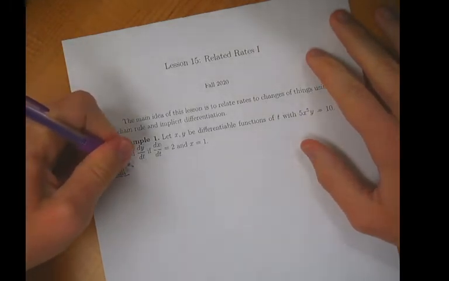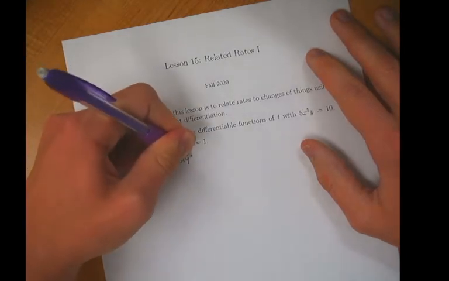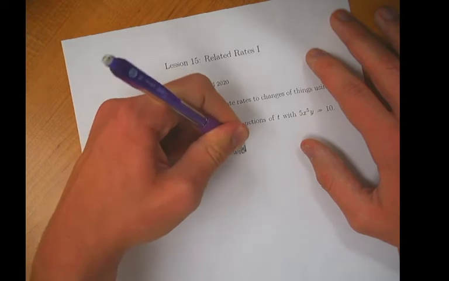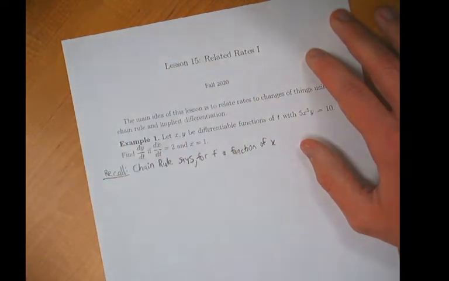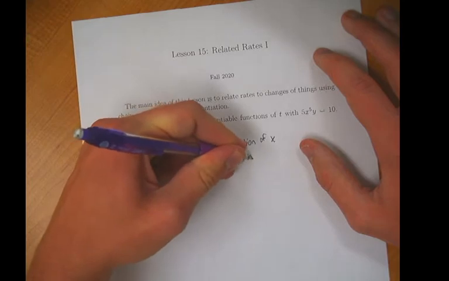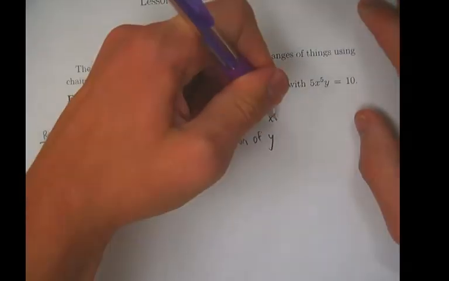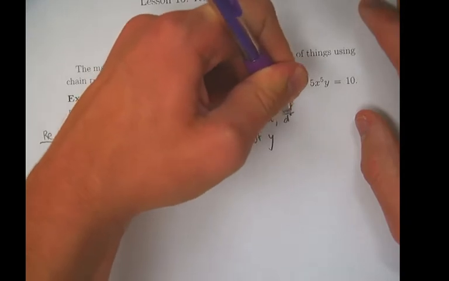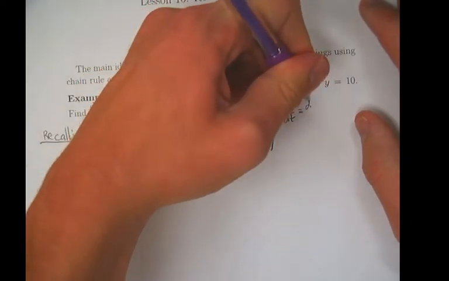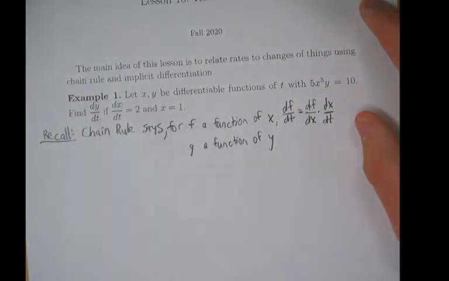The chain rule says, for f a function of x, and g a function of y, if we differentiate f with respect to t, that's the same thing, using Leibniz notation, as df/dx times dx/dt.